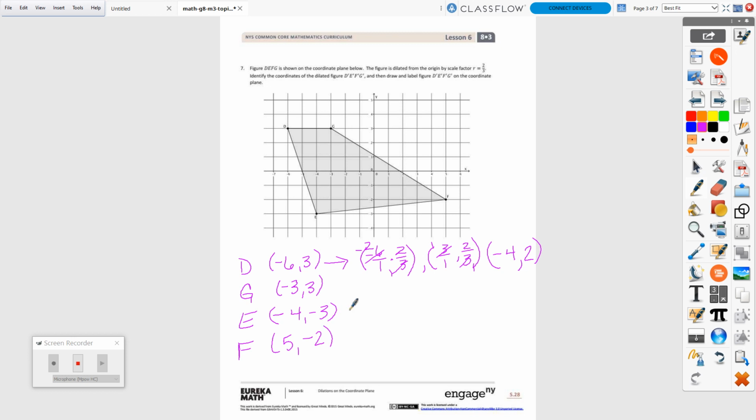Go ahead and do the same thing for G, E, and F, and come back and check.